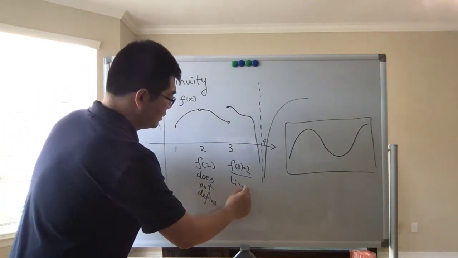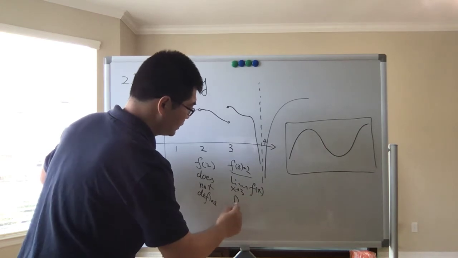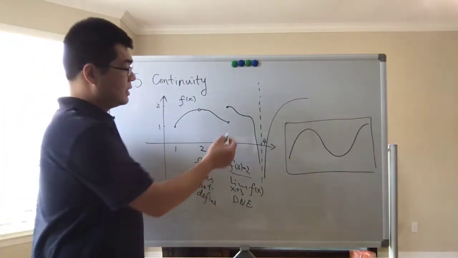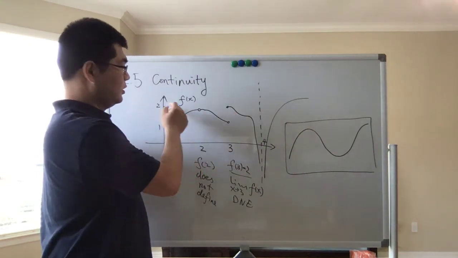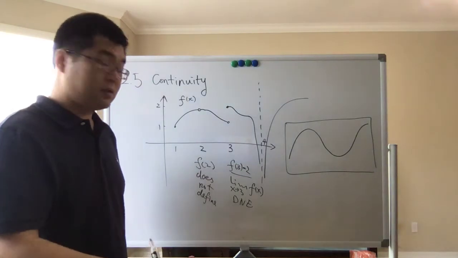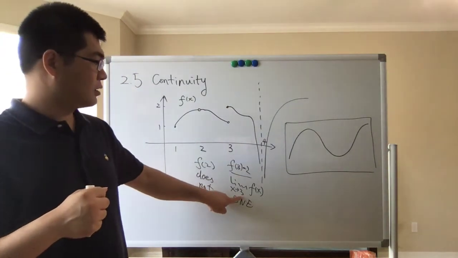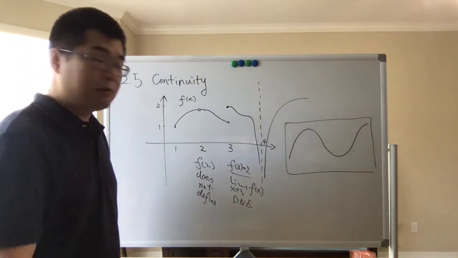However, the limit as x approaches c of f of x, do you see that it does not exist? Because the left side limit equals, let's say 1, and the right side limit equals 2. Hence, based on 2.4, what did we just learn? The limit as x approaches 3 of f of x does not exist. Okay, so we can check that.